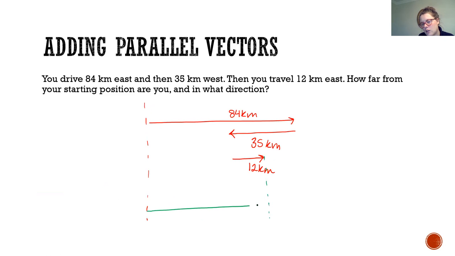So overall, this is the distance that I've gone. So in terms of signs, I went positive 84, I went negative 35, and then positive 12, leaves us with a total of, let's see if you can erase me with the calculator, 84 minus 35 plus 12, 61 kilometers.